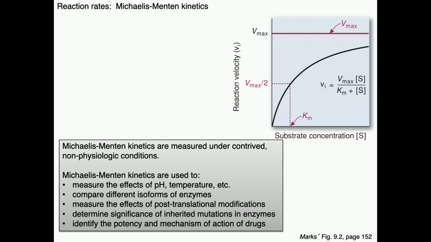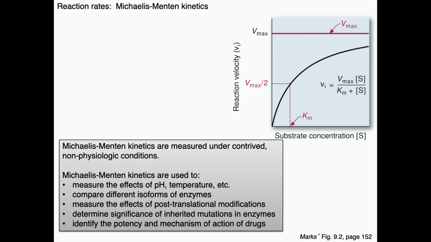So Michaelis-Menten kinetics, like the delta G0 prime from the first hour, are measured under very contrived conditions, right? You only have substrates and enzyme around and nothing else. And that's not the way reactions happen in the body.